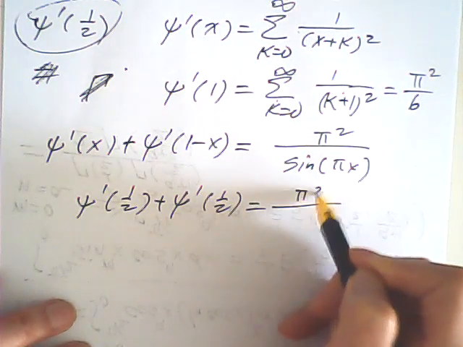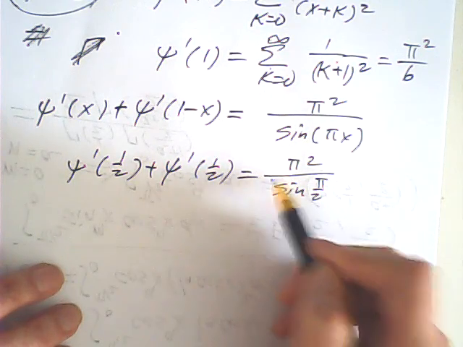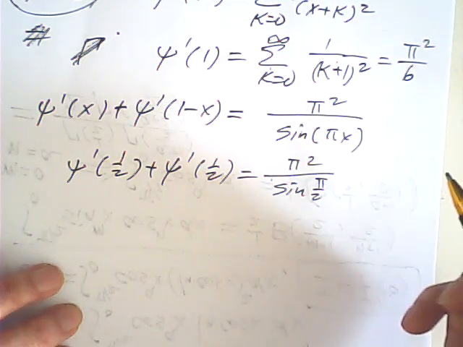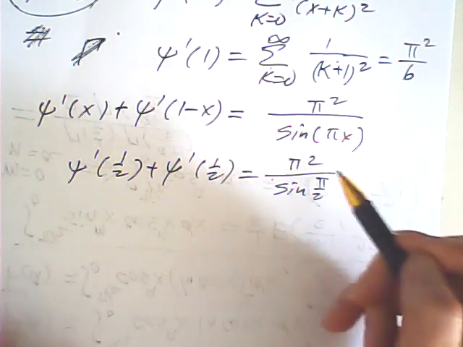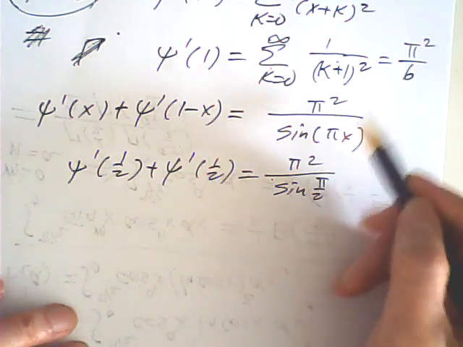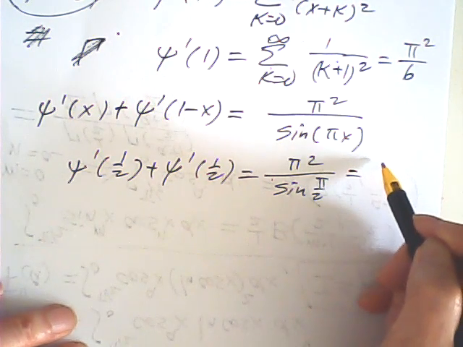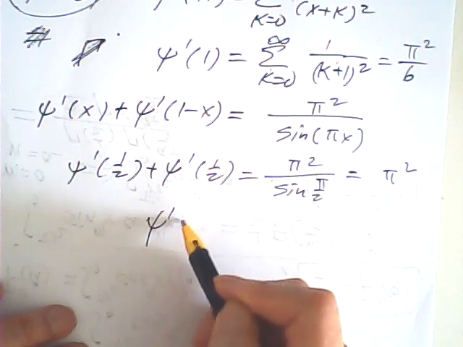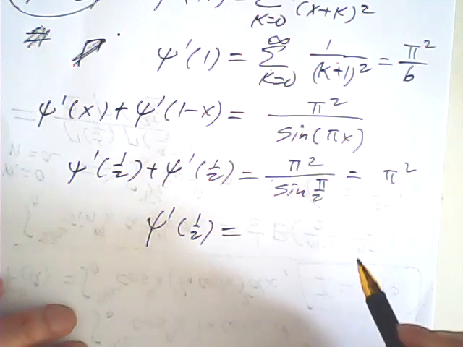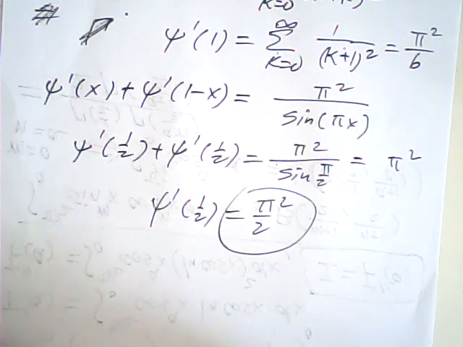Is equal to pi squared over sine half pi, which is pi squared. So this equals half pi squared. Wow.